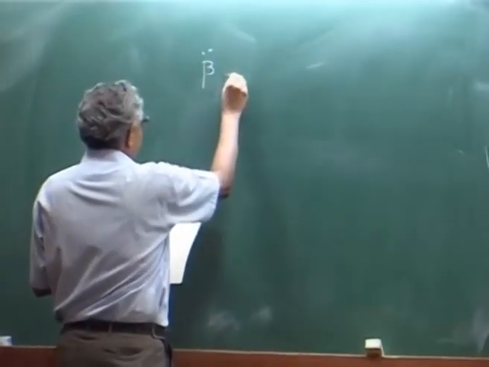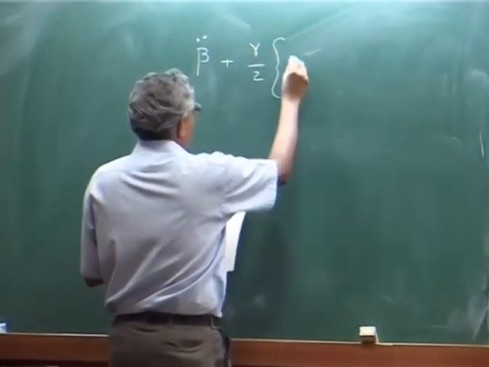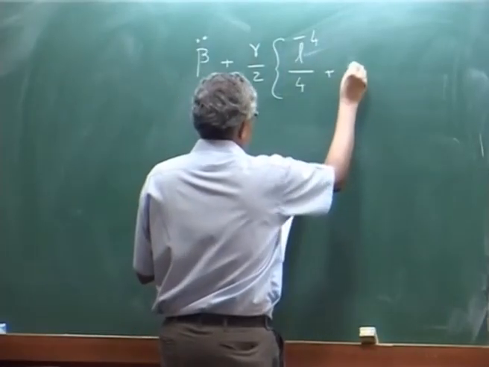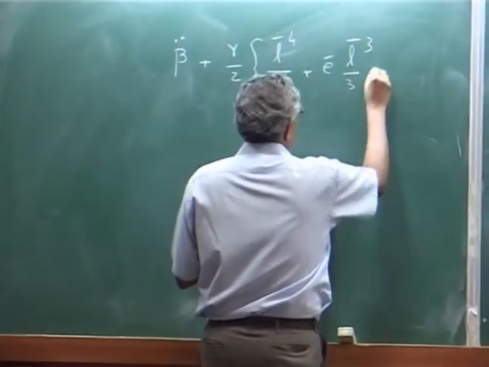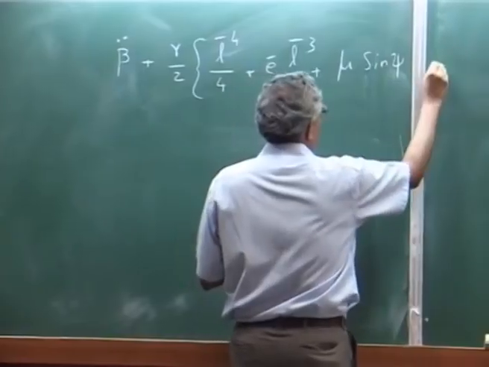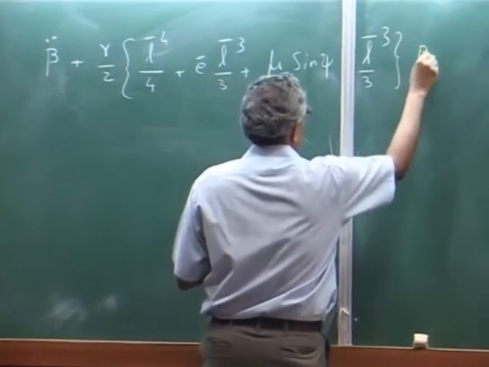Beta double dot, this is gamma, Lock number. I am just writing it for mu sin psi beta dot.